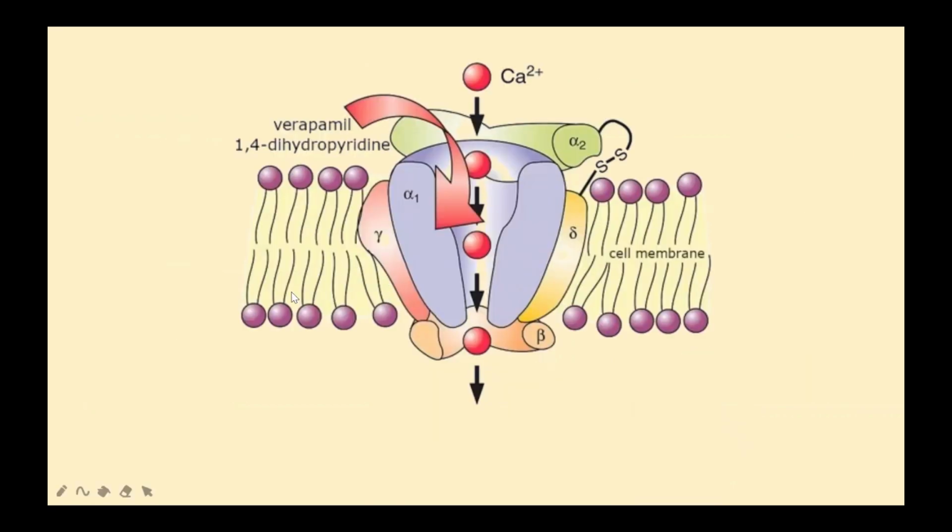This is the cell membrane, and this is the protein calcium channel, and this is how the inward calcium current flows into the cell. What happens is, when a stimulus comes, this protein channel will open, and just like this, a calcium ion flow, we call a calcium current, will influx into the cells.